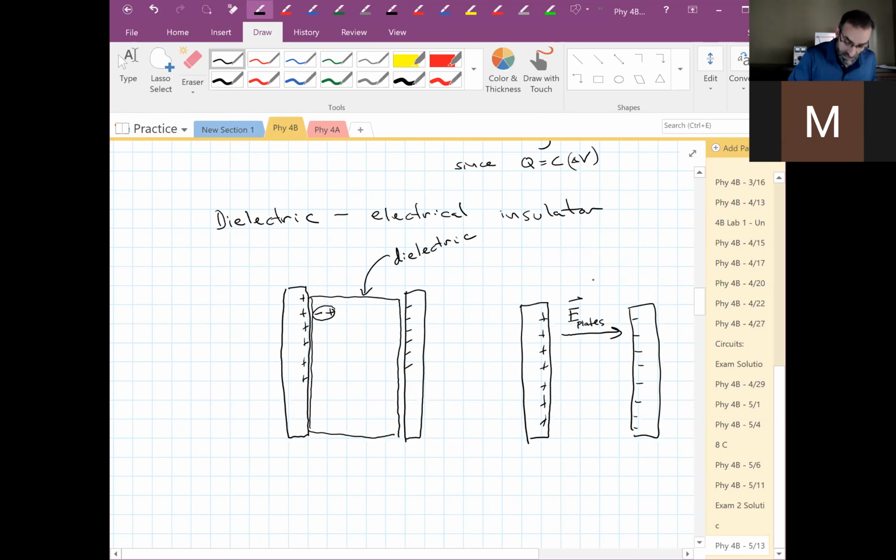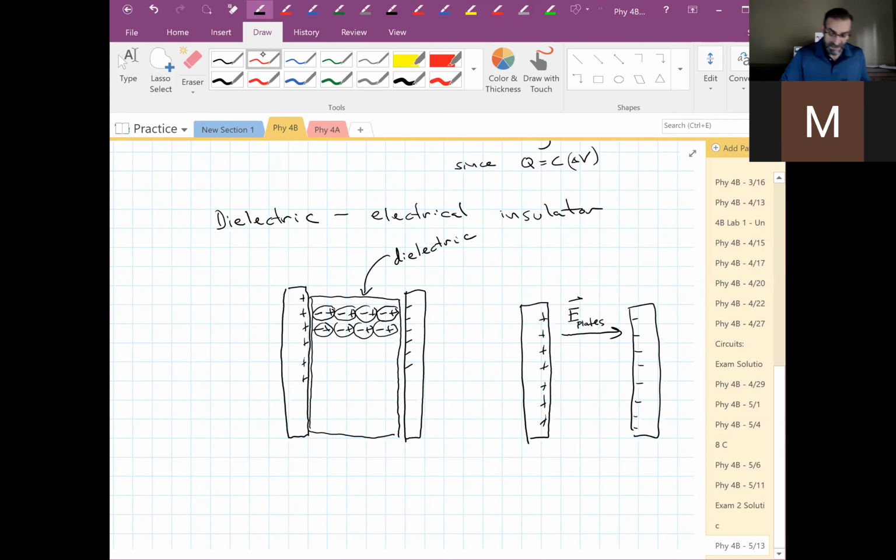And the atom next to it does the same thing, and next to it does the same thing, and next to it does the same thing. We'll make it 4 atoms across. Okay? And so this happens throughout the whole dielectric. I'm just going to draw 2 rows here, but you get the idea.